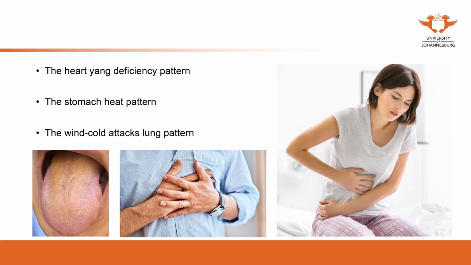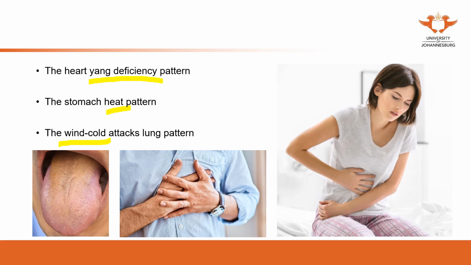These patterns are the conclusion from the four diagnostic methods, the information we gather from them. From the name, we can see where the disease is: the heart, the stomach, the lung. Also, we can see the nature of the disease: yang deficiency, heat, wind cold, the pathogen.